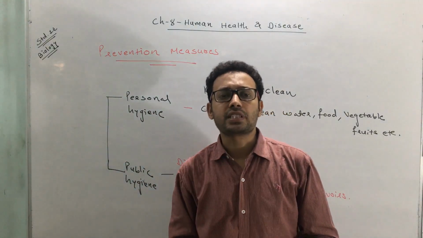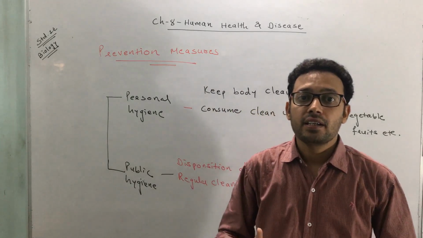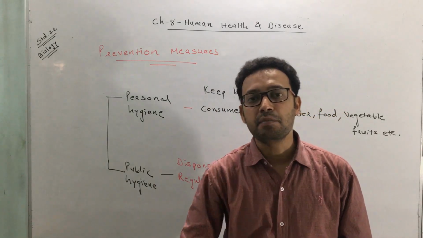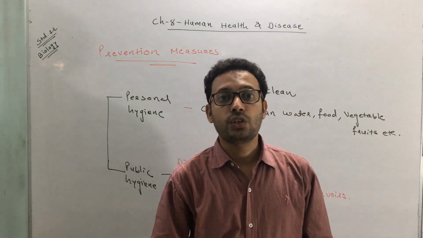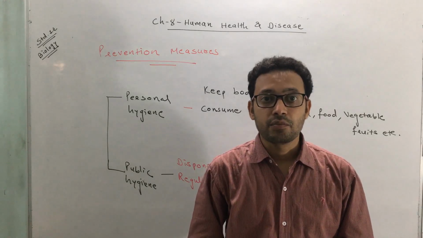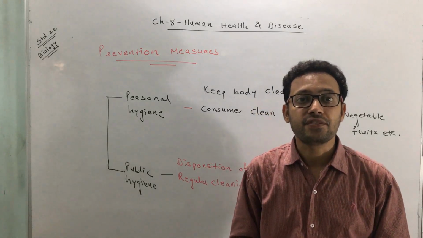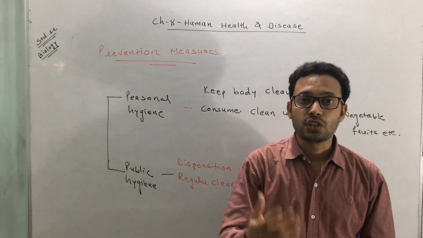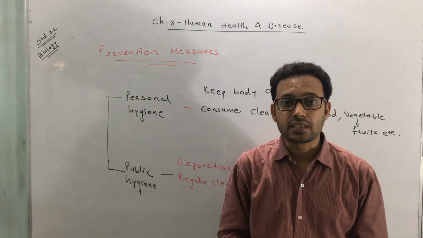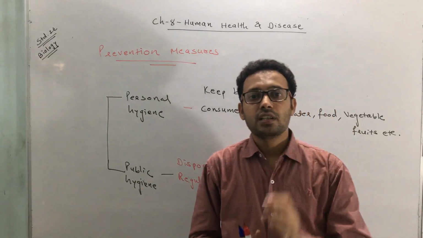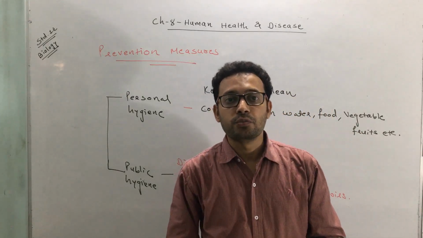Next, there are also some diseases caused by contaminated food and water. For example, typhoid is caused by contaminated food and water. Or amoebiasis, or dysentery, which are caused by contaminated food and water. In those cases, you have to keep fresh food at your home.